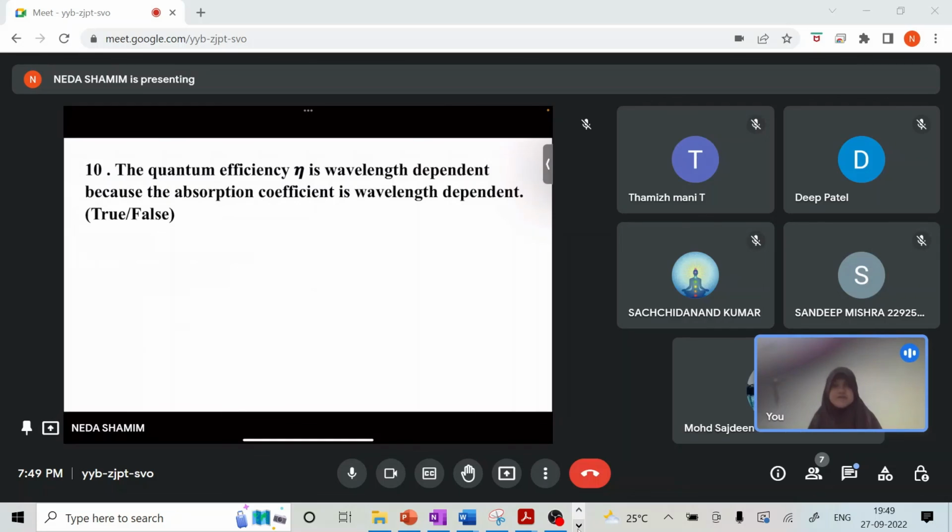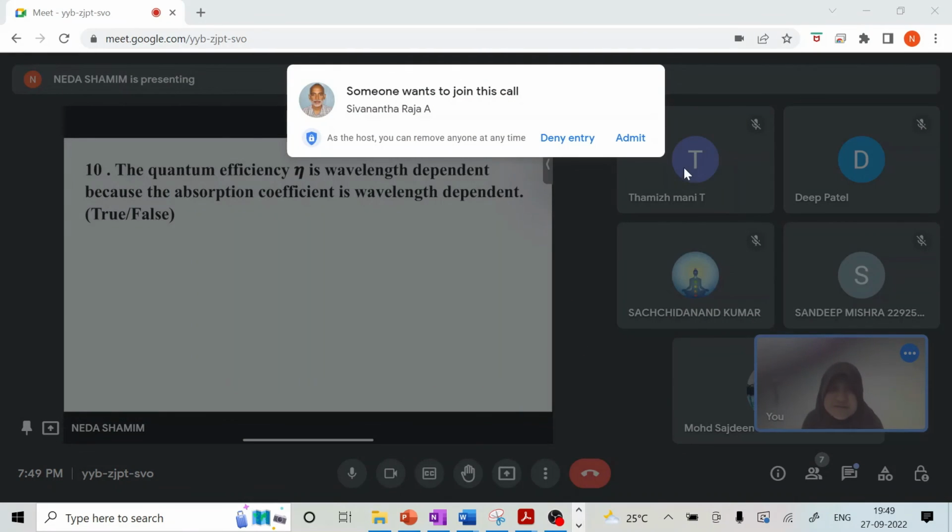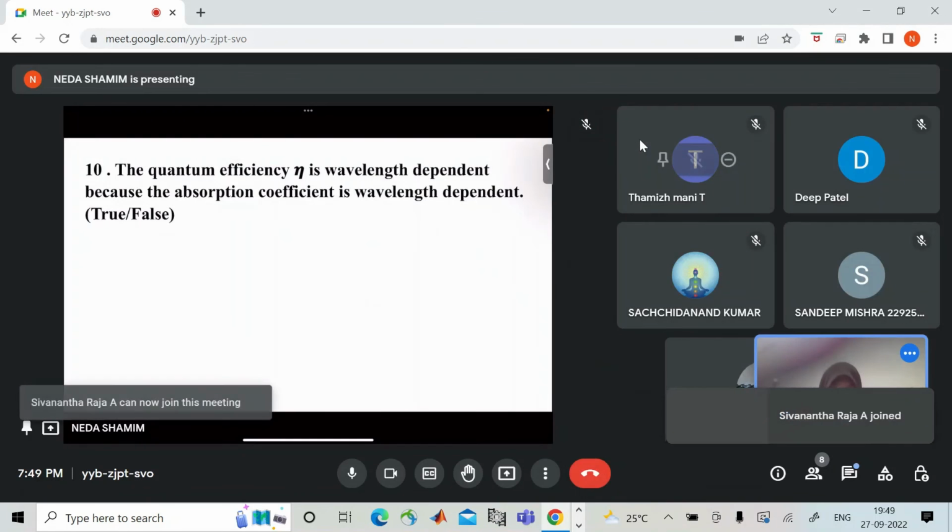The quantum efficiency, eta, is it wavelength dependent? Because the absorption coefficient is wavelength dependent. Is this statement true or false? Is it true or false? False. Quantum efficiency is, just a second please. Someone's running?